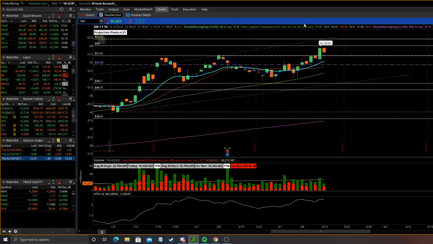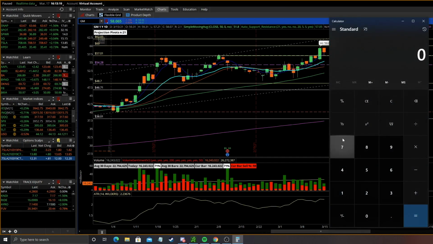sorry, that's not loading. So say the contract costs $250, right? All you have to do for your price targets is multiply 250 times 0.25 for 25%, and then whatever number you get, you add that to the price of the contract, and that's your target.